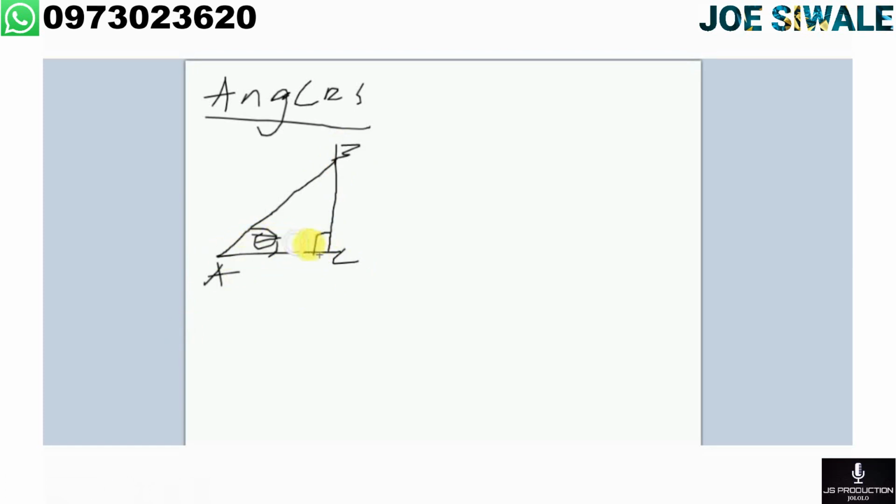Then I have angle theta here. This side is 3 centimeters, and this side is 8 centimeters. The question says I need to calculate angle theta, which is at A. So for me to find angle theta, I'm going to write my formula somewhere, which is SOHCAHTOA.